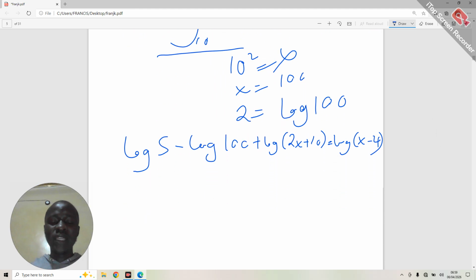Now, if you observe this, you will realize that there is a series flow of log: log, log, log, log. And that is what is needed.